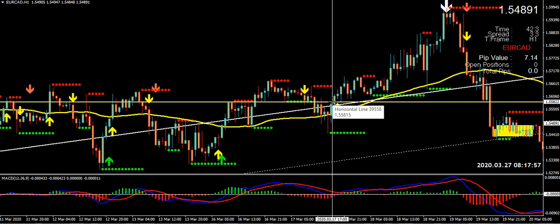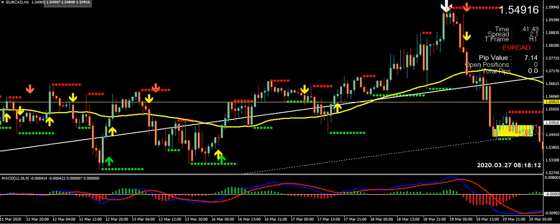So let's go down from the entry 20 pips. 20 pips would be roughly right there. So let's put our horizontal line right here. That's 20 pips, guys.